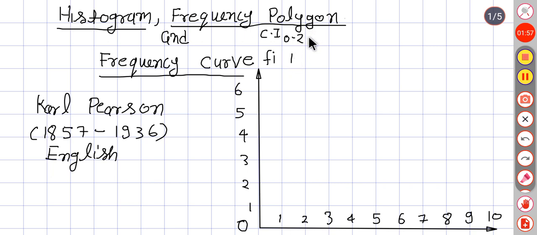Class interval 2 to 4 and frequency is 2. Class interval 4 to 6, frequency is 3. Class interval 6 to 8 and frequency is 2. Class interval 8 to 10 and frequency is 1.